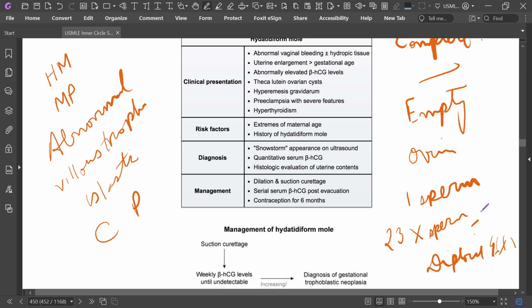Less commonly, a sperm fertilizing an empty ovum can create either 46XX or 46XY.